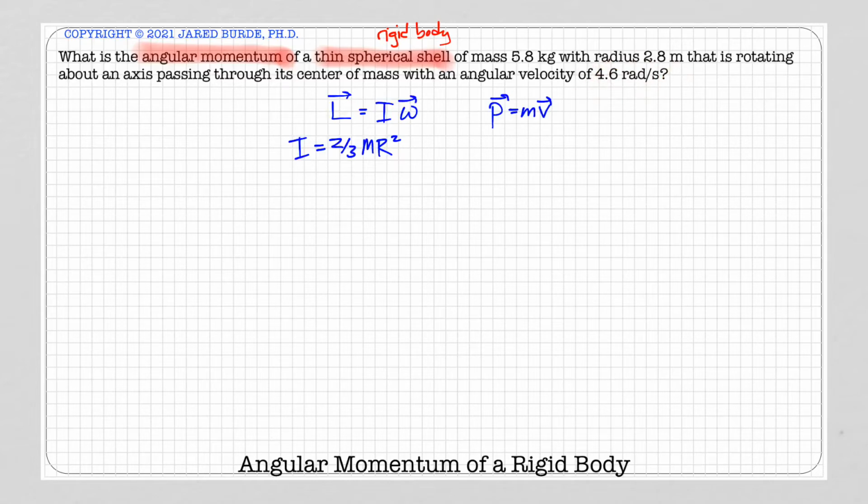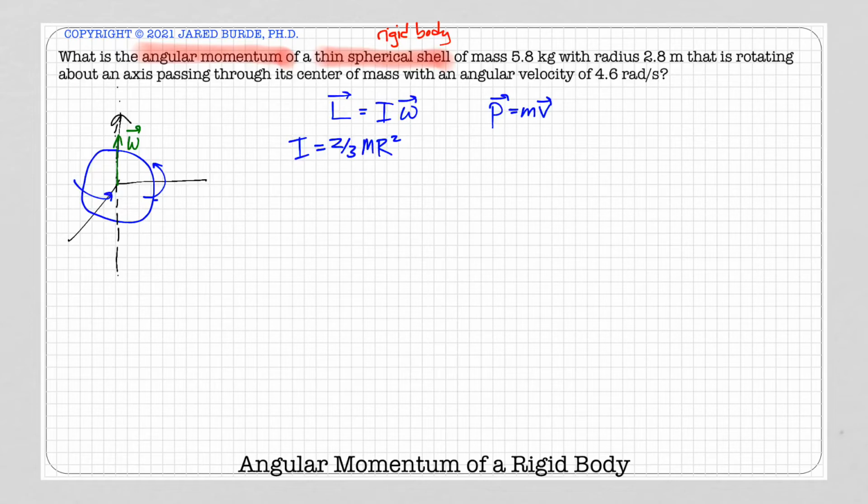What we are imagining here, since we're not really given a specific direction, is this thin spherical shell rotating in space. We can imagine that the axis of rotation passes through the middle, and that the angular velocity vector is maybe aligned with the z-axis, meaning that the whole sphere is rotating in the xy plane.